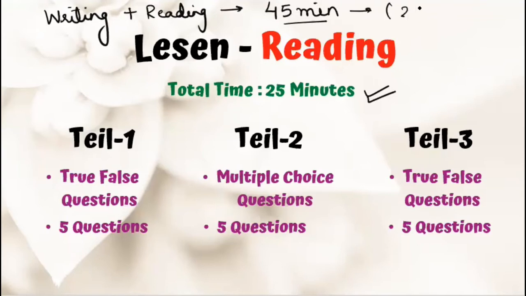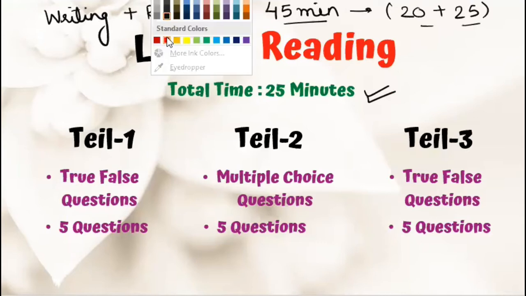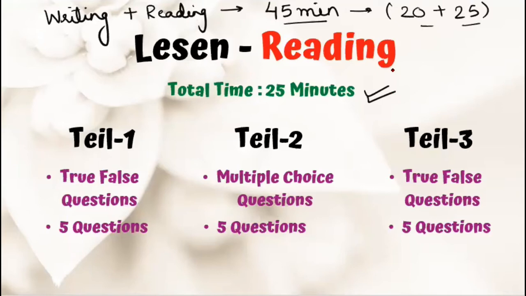That is 20 minutes plus 25 minutes. So now for the reading exam, you'll be given approximately 25 minutes, and this again has 3 tiles: tile 1, tile 2, tile 3.